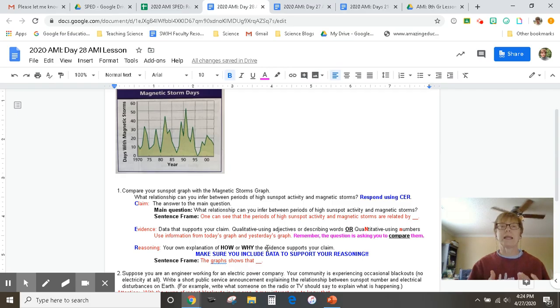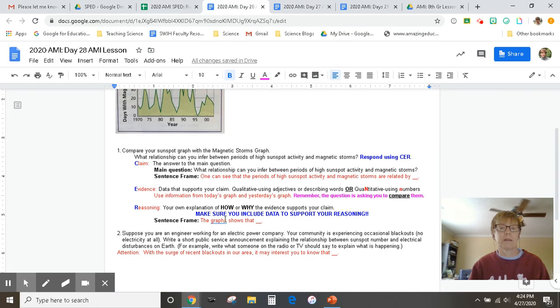So when you're writing any of these out, pretend like whoever's reading your answer has never seen the graph, they can't see the graph, they can't see the chart. So you want to give them as much information as you can in your answer. Okay, and then make sure, I've even bolded it, make sure you include data to support your reasoning. And then you have a sentence frame that you can use if you want for evidence and reasoning.